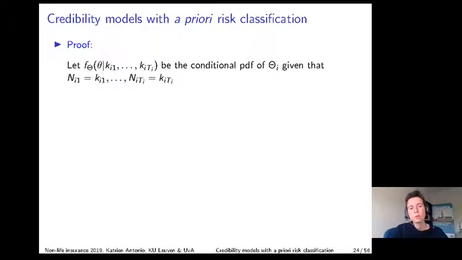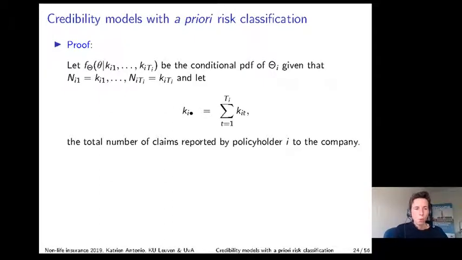And we use the notation k_it to denote the actually observed number of claims. The sum of all the observed claims reported by policyholder I is then denoted with k_i bullet, where the sum runs over all observed time periods t, going from 1 to t_i.